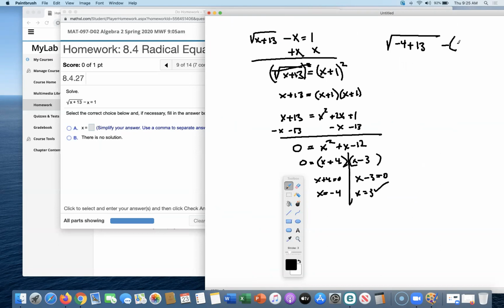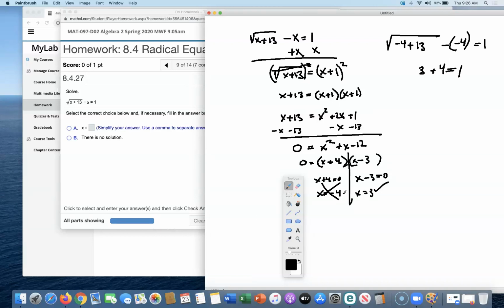When I plug it in, it's a minus a minus 4, and a minus a minus is a plus. And minus 4 plus 13 is 9. The square root of 9 is 3. Double negatives are positive, and 3 plus 4 is 7, not 1. So no good on this. This is no good.